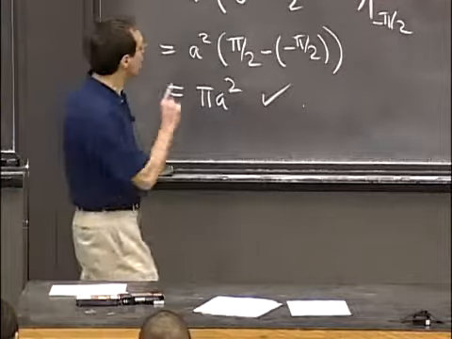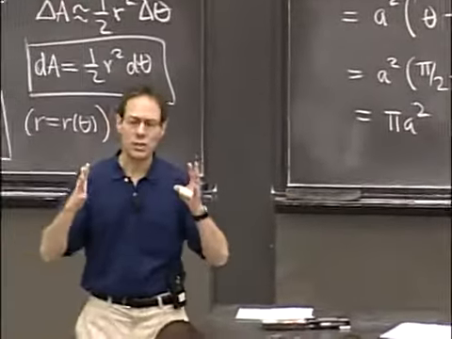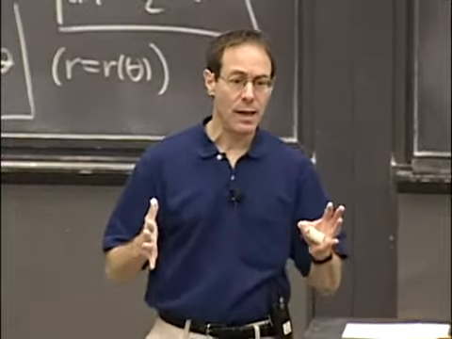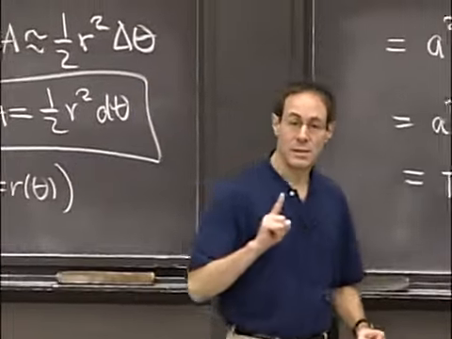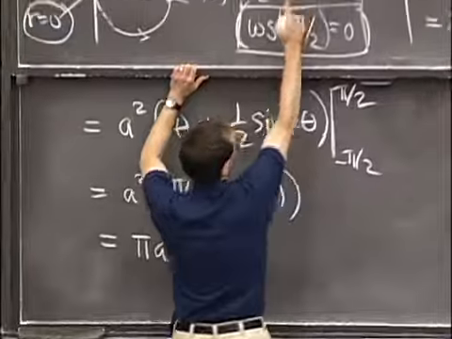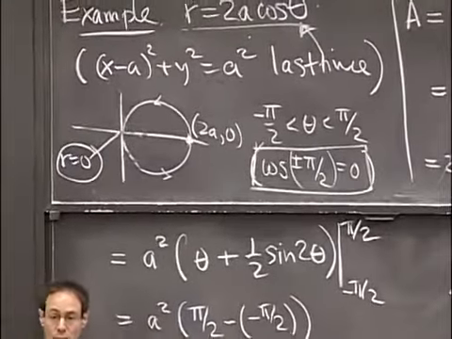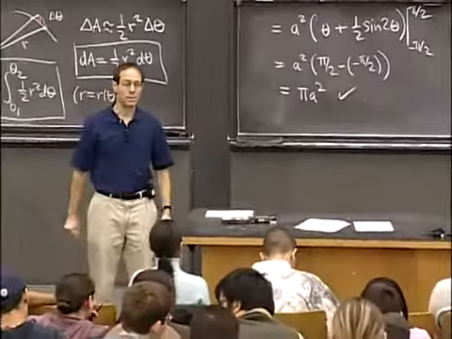Now, in terms of plotting, I want to expand your brain a little bit. We need just a little bit more practice with plotting in polar coordinates. The first question I want to ask you is, what happens outside of this range of theta? In other words, what happens if theta is beyond pi over 2? Can somebody see what's happening to the formulas in that case?